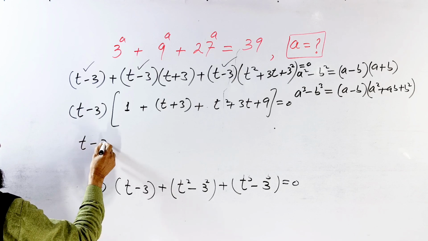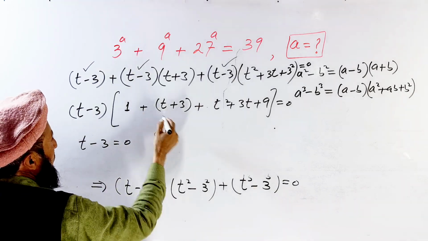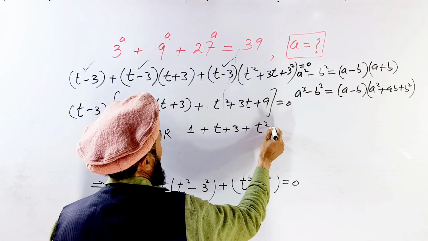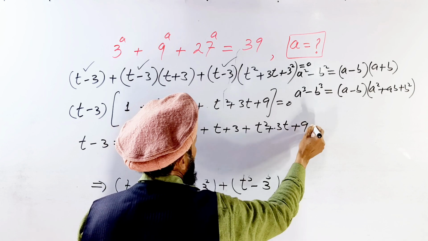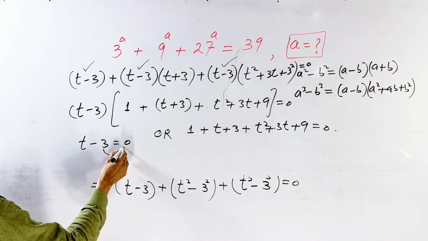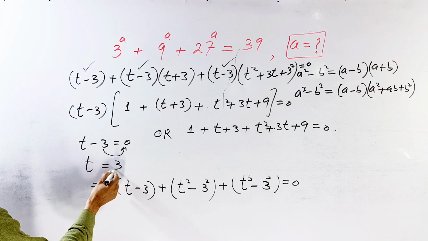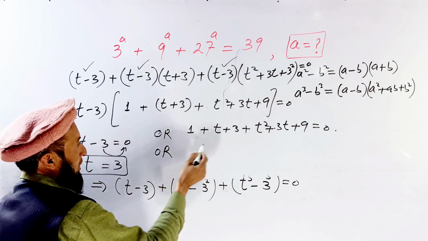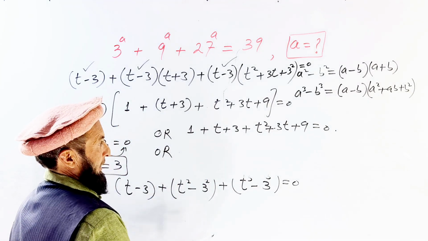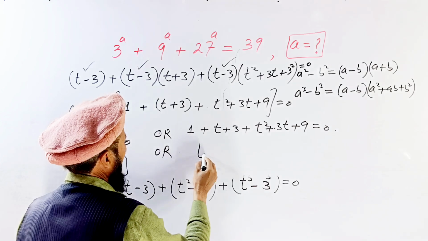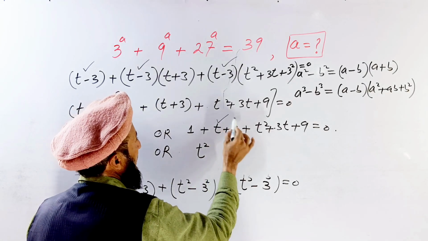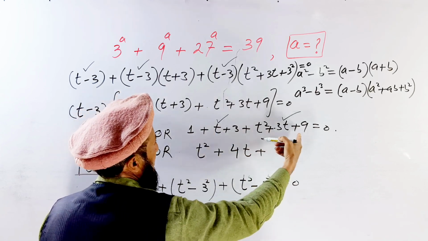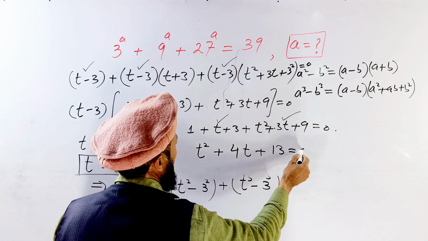T minus 3 is equal to 0 or 1 plus t plus 3 plus t square plus 3t plus 9 is equal to 0. Here we change the constant to the right side, so the sign is changed. We get t is equal to 3. Or now we arrange it in quadratic form, because t square is the highest exponent: t square plus 4t plus constant 1 plus 9 plus 3 is 13, equal to 0.